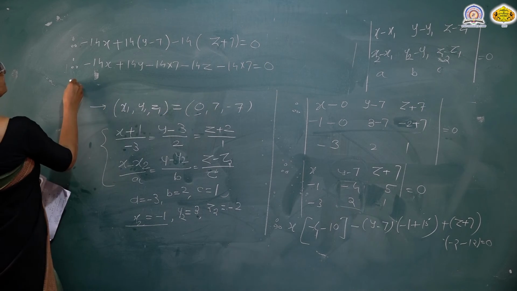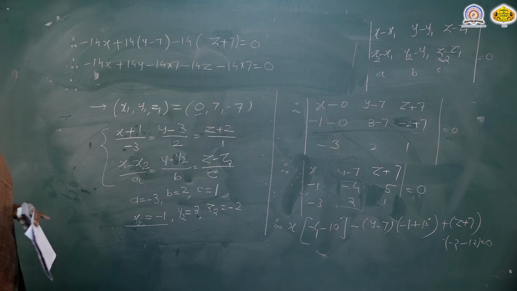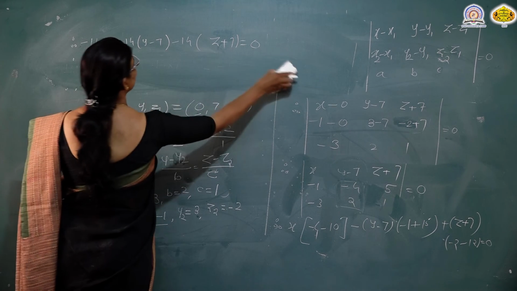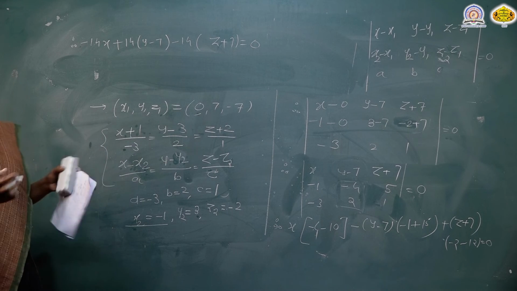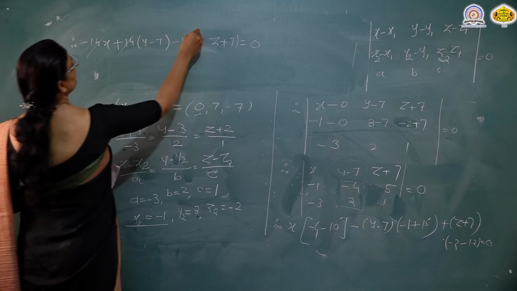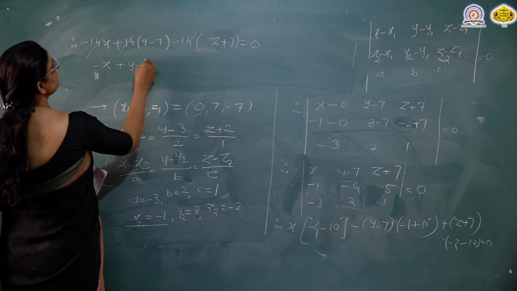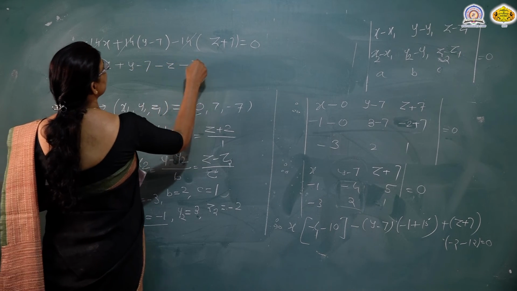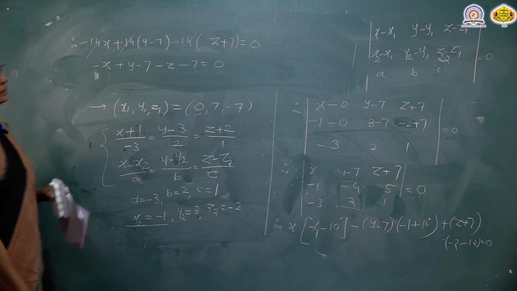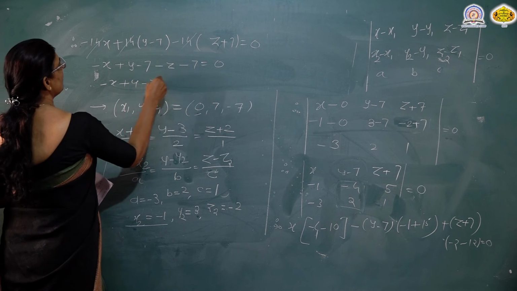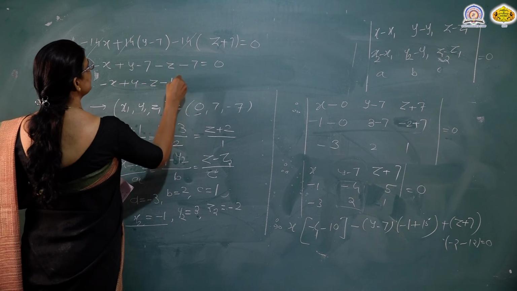We divide throughout by 14, which is easy for us, so 14 gets cancelled. Rewrite the equation: minus x plus y minus 7 minus z minus 7 equals 0, which is the same as minus x plus y minus z minus 14.